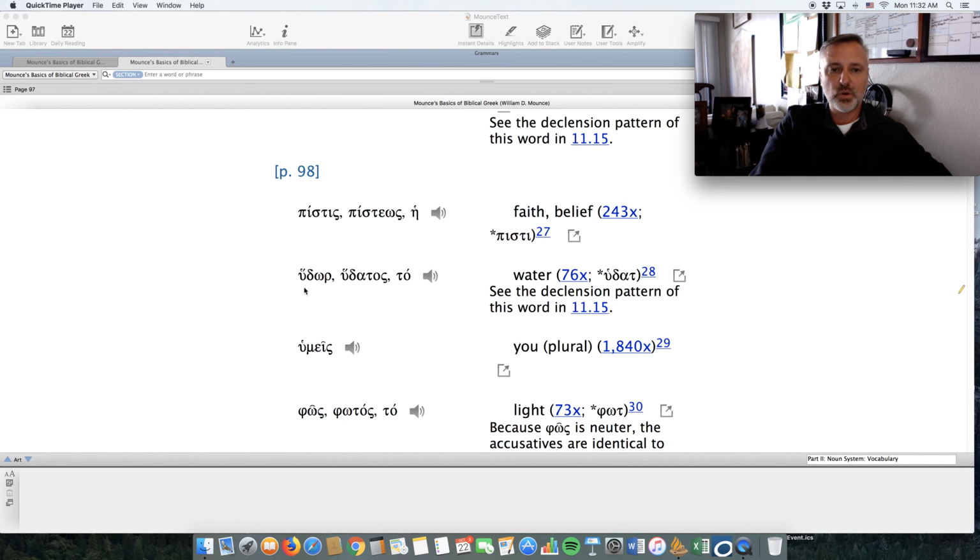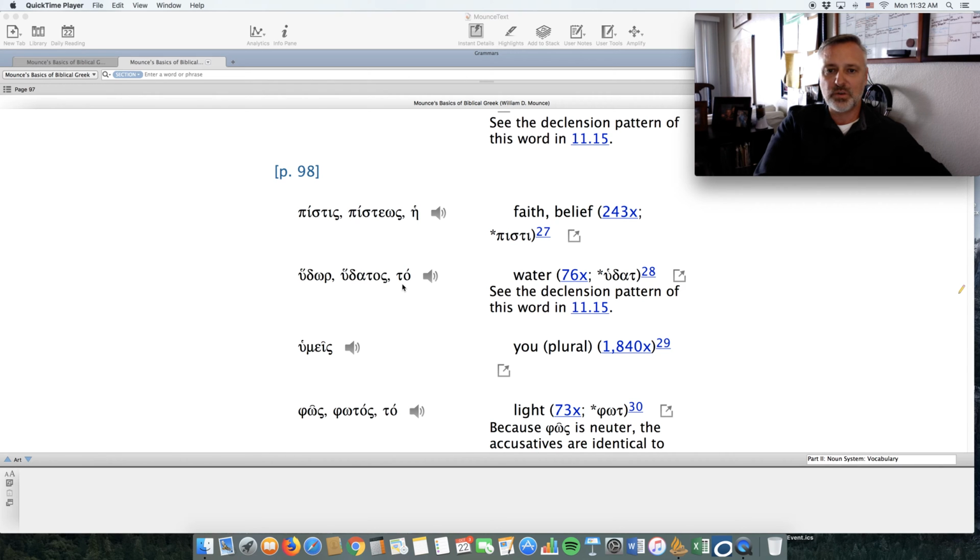Hudōr. Hudōr means water. So like you might get hudat, like hydro, something that is hydroelectric. A hydroelectric dam produces electricity by water. Hudatos and to. Hudōr has a dat stem to it, and it is neuter.